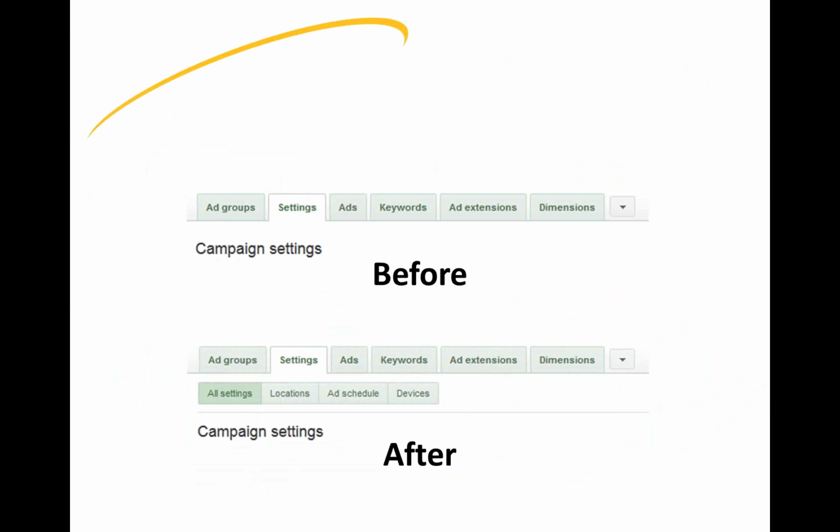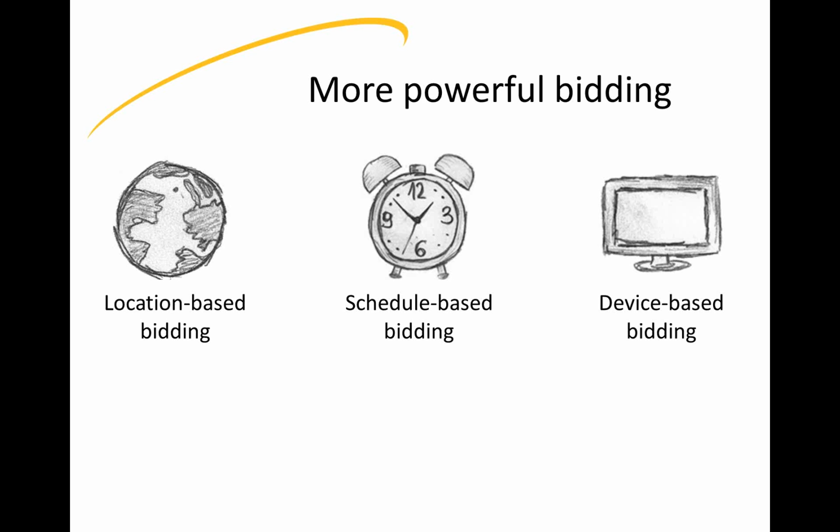Well, actually, first, let's talk about the holistic context of this, because one of the powerful implications of this change is not only that you can make these adjustments in each of these 3 areas individually, but it actually creates a pretty sophisticated matrix of bid adjustments.